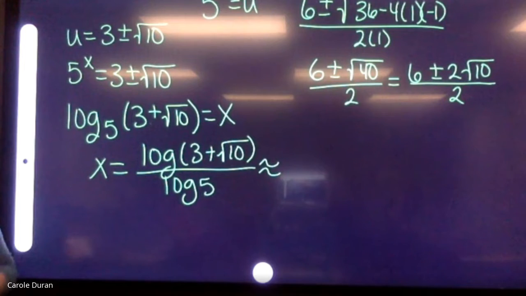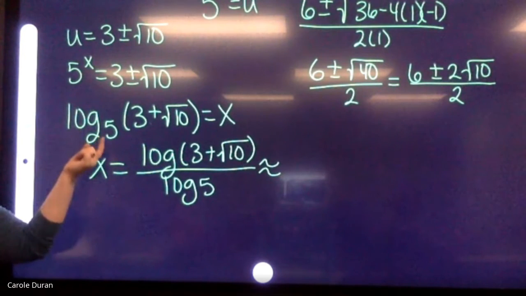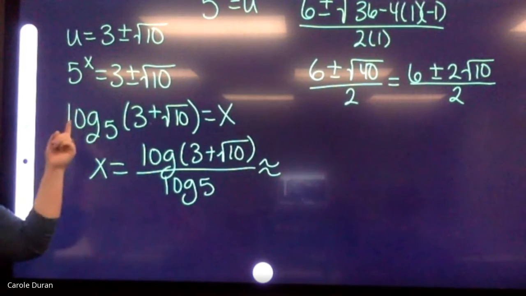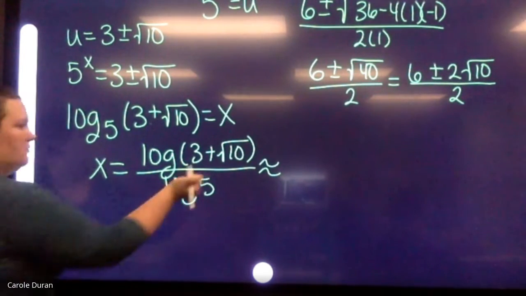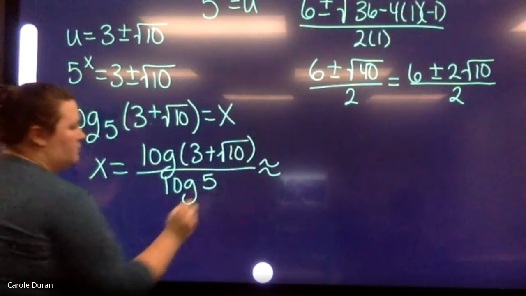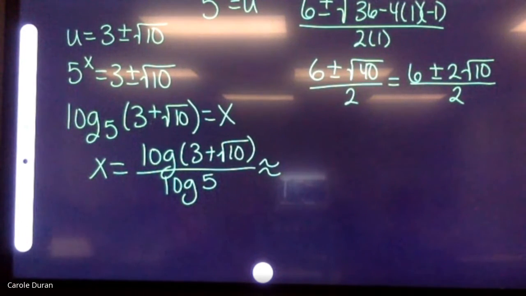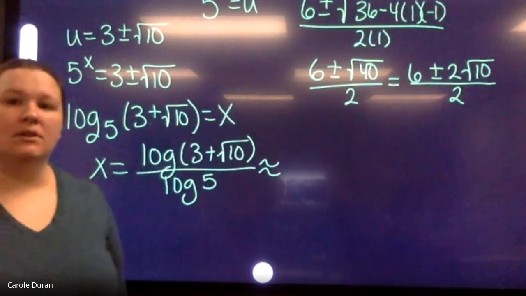Wait, why should the 5 go on the bottom, log 5 on the bottom? Because that's the base of my logarithm, and when we do the change of base formula, we always do log of this over log of that. That's our change of base formula. When you have an answer that you are confident with, please share it with the person sitting next to you.